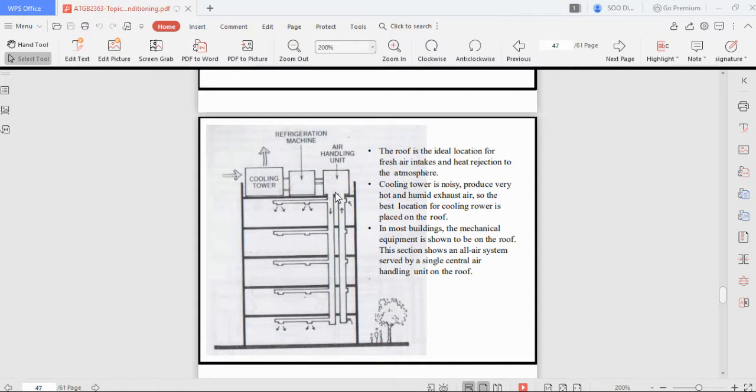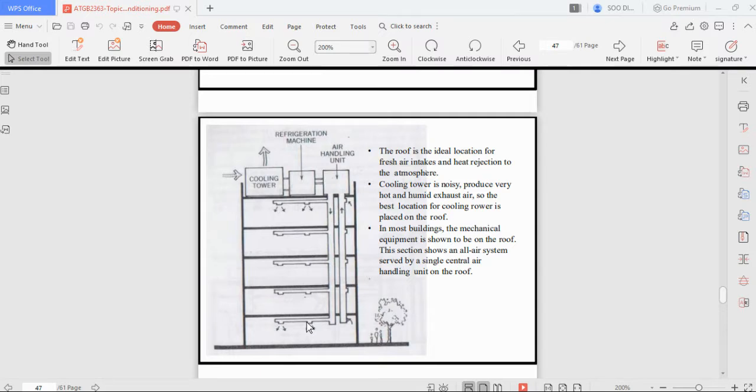As the air travels through this ductwork, the cool air will be able to circulate all around the building. So why do we want to only use air as a medium?